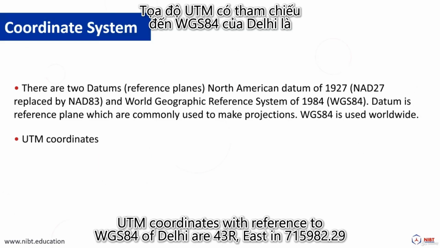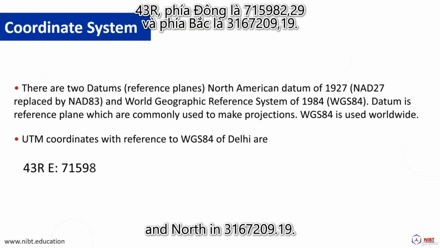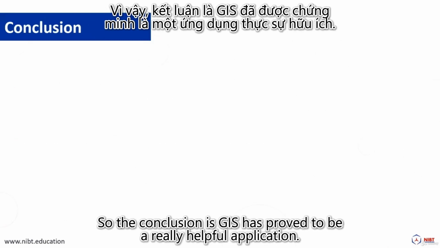UTM coordinates with reference to WGS 84 for Delhi are 43R, easting 715982.29 and northing 3167209.19.